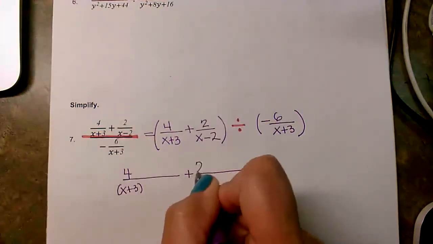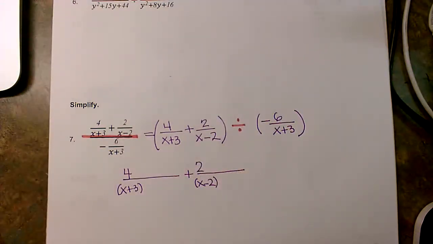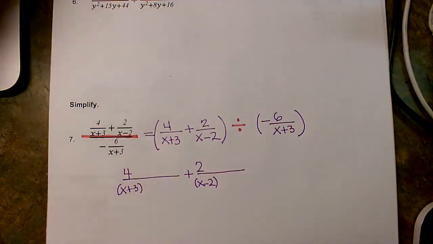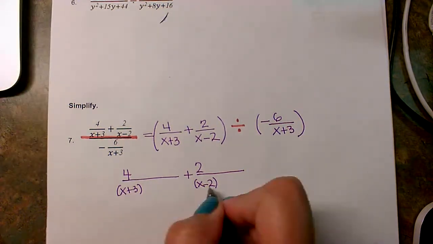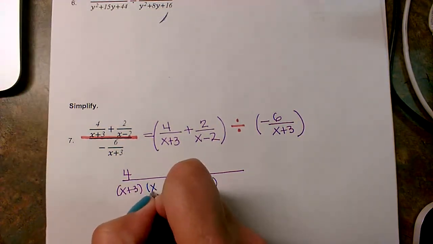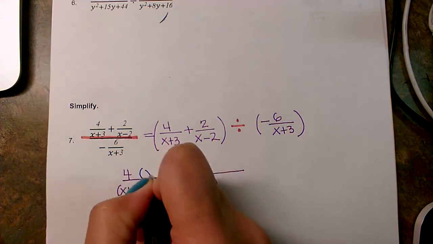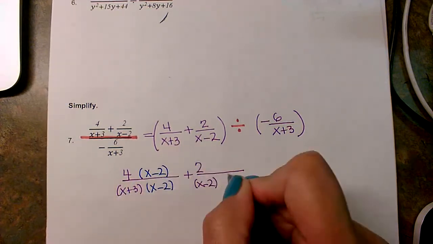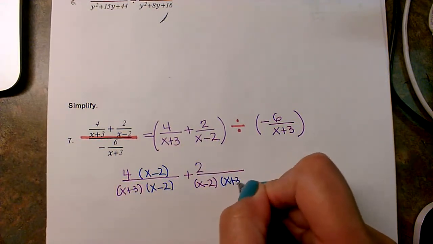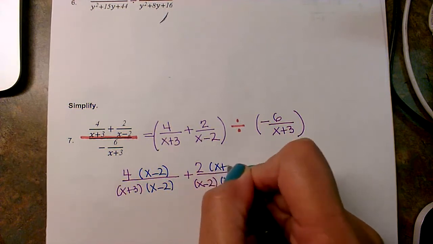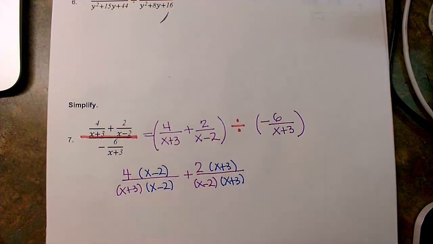We have a 4 and a 2. So what we need to add, remember, matching the denominators, right? We're just matching the denominators. We have the same denominators now.